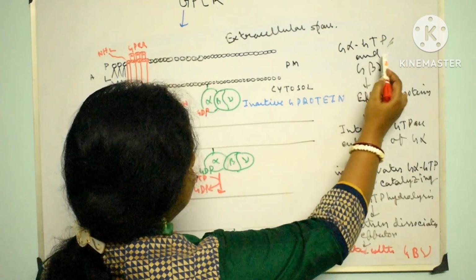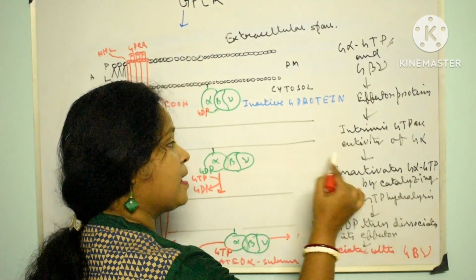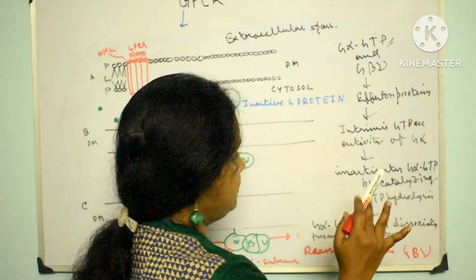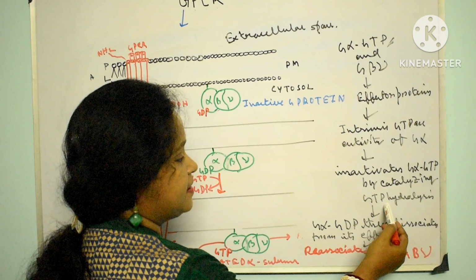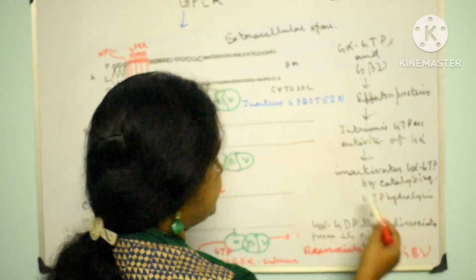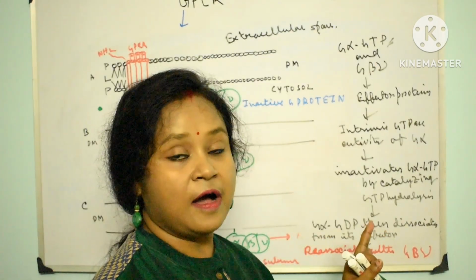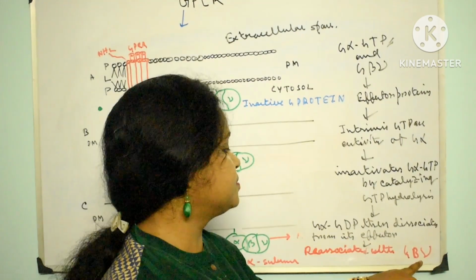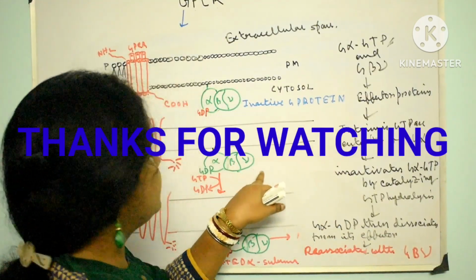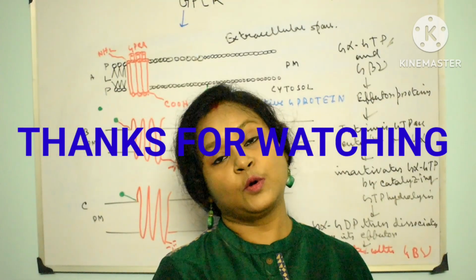G alpha GTP then binds to the effector protein. Next, the intrinsic GTPase activity of G alpha. Then the next step, activation is done, all set. It inactivates G alpha GTP by catalyzing GTP hydrolysis, and after GTP hydrolysis, GDP will be found, and G alpha then dissociates from its effector. It is no more bound with its effector, all its function is done. Then reassociation is with G beta gamma. Okay, this is all about how G protein functions.